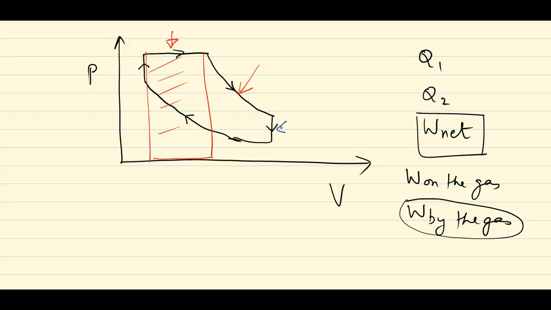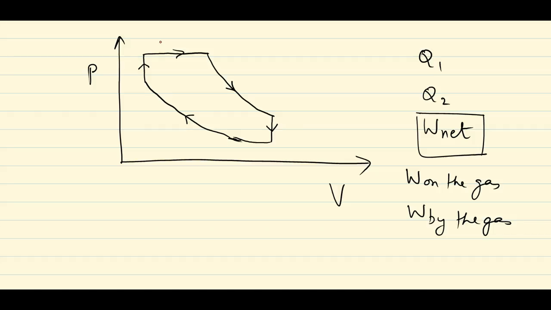Now in this part of the cycle, since the volume never changes, the gas does zero work. Likewise, the gas does zero work over here. And finally, in this part of the cycle, since the volume of the gas decreases, work done by the gas on the surroundings is negative, or you could say that positive work is done on the gas by the surroundings.